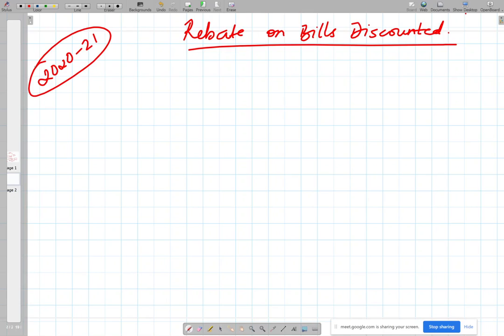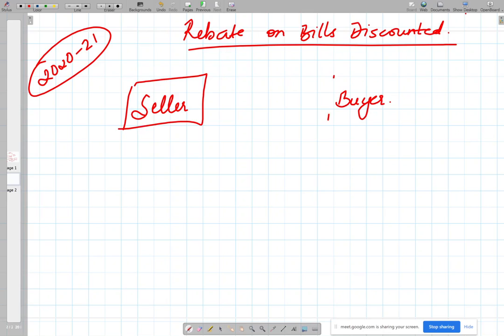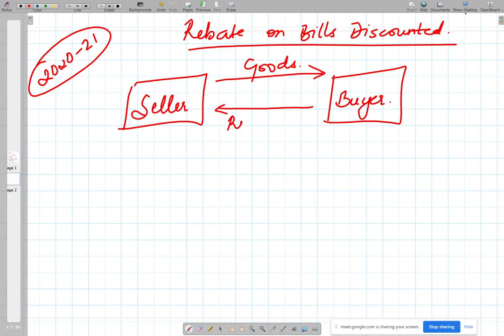Now, in case of bills discounted, how does the process work? You have a seller and a buyer, two people who are transacting in certain types of goods. The seller sells the goods and the buyer is supposed to make the payment of, let's say, rupees 10,000.